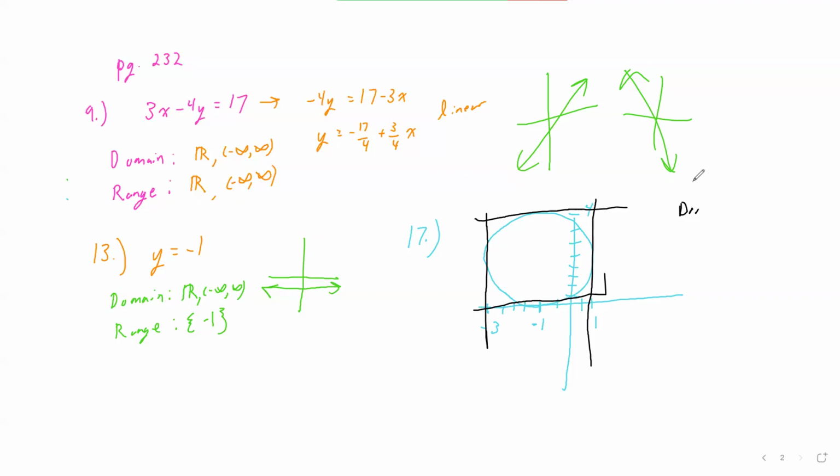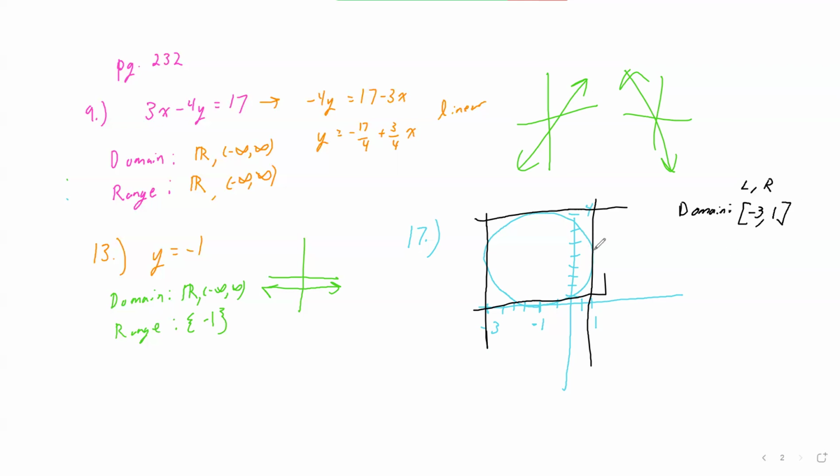All right, so then the domain here will be from left to right. My farthest left number would be negative 3. My farthest right number would be 1. It is a solid circle, so it would get a bracket.